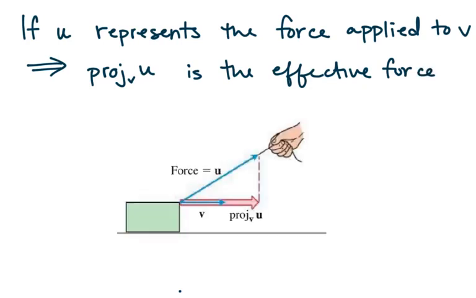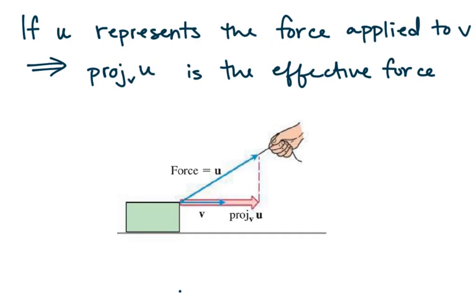Looking at this picture, if we pull on the box with force U, the effective force moving the box forward in the direction V is the projection of U onto V.